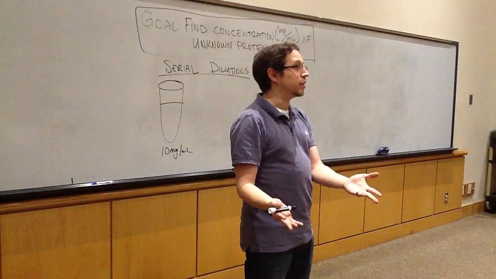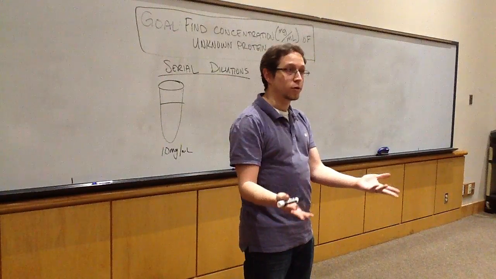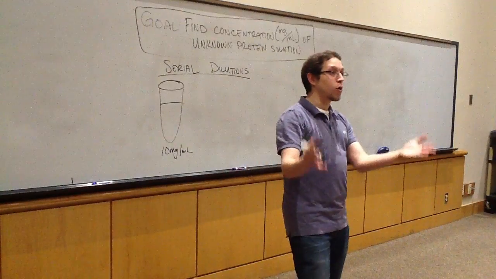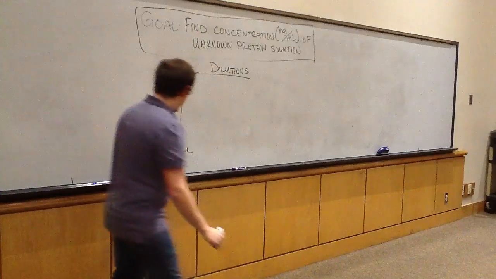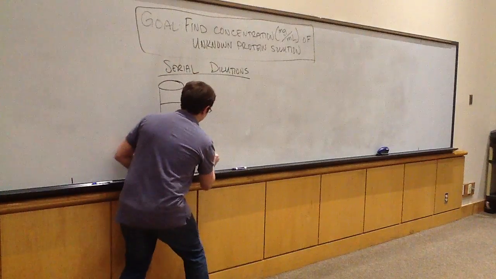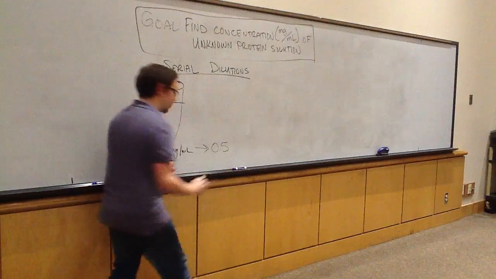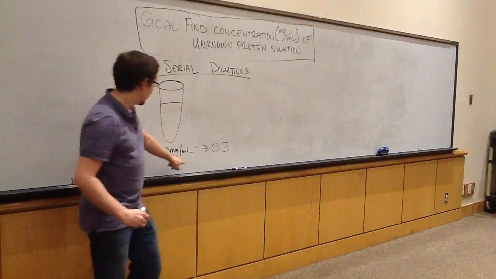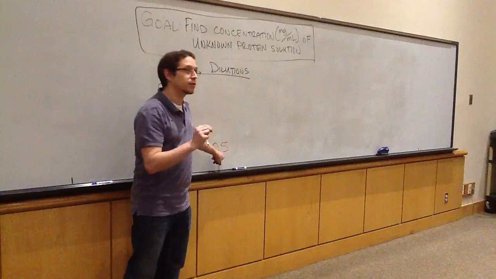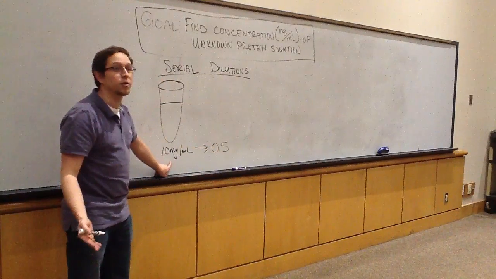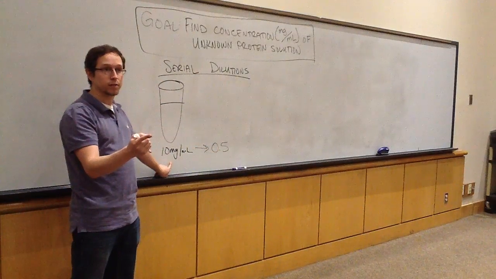Ropa in Spanish means what? Clothes, right? So anytime I see the word ropa in a sentence, I know that they mean clothes. Here, if I figure out that the absorbance is 0.5 of this solution, anytime I see 0.5, that tells me that the concentration is 10 milligrams per milliliter. Does that make more sense?